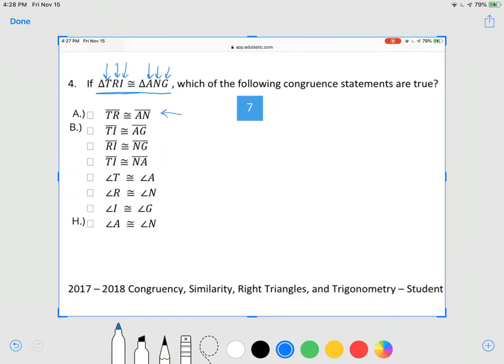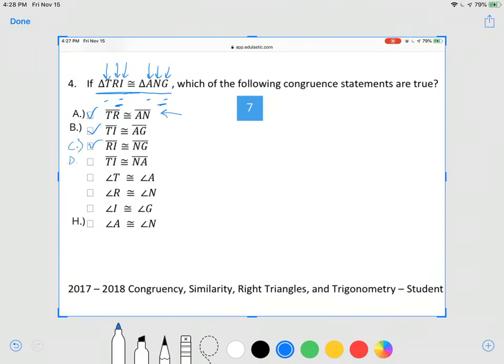That's correct. They're both the first two letters in the sequence. So A works. Option B says that TI is congruent to AG. TI and AG, they're both the first and third letters, so that works. And then RI and NG, those work. Those are the second two letters.